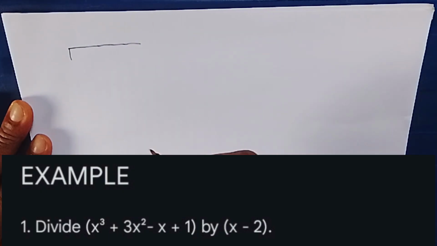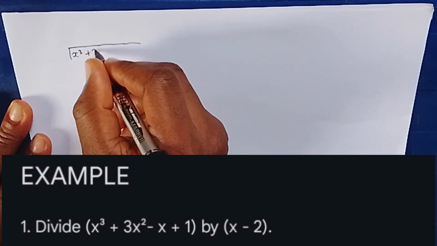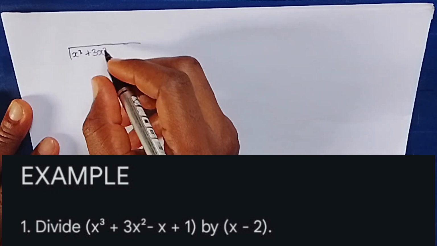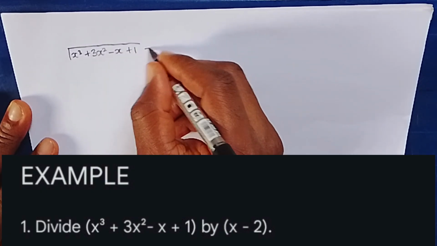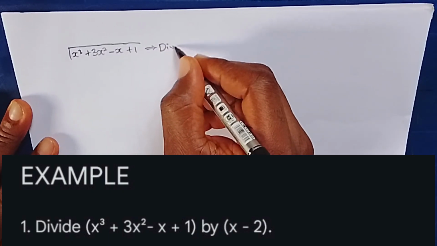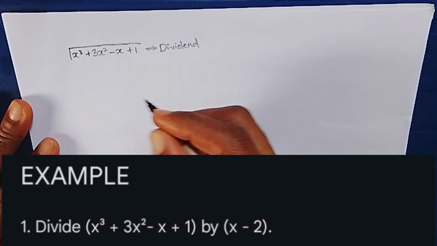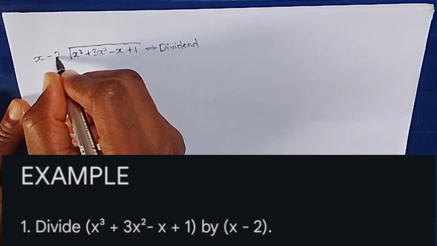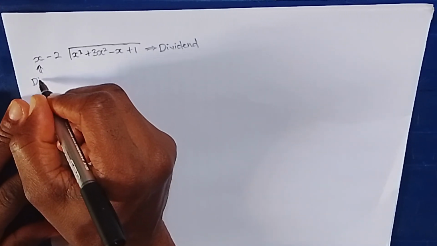The polynomial to be divided is x cubed plus 3x squared minus x plus 1. This expression is called your dividend. It is the one getting divided. And then we have to divide it by x minus 2. This is your divisor.